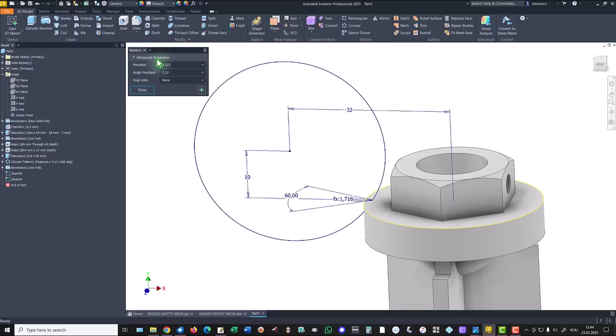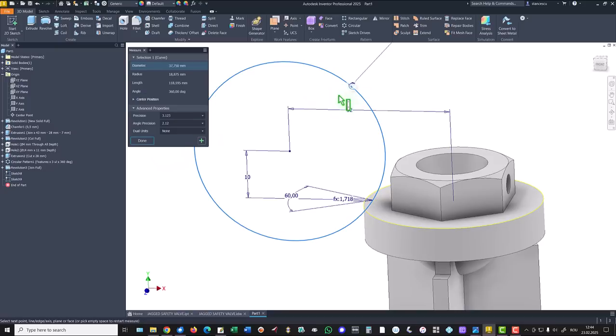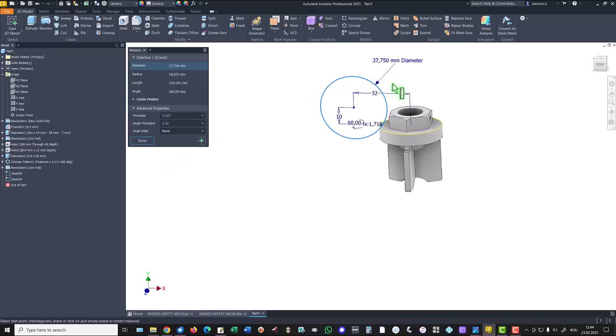I apply measure with the key M from Monaco, and I measure this. This is a diameter and the radius is this, with the value from the drawing.